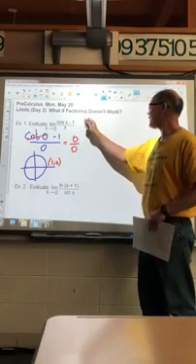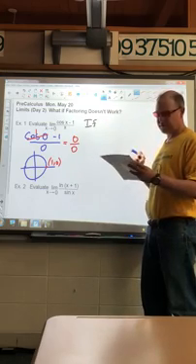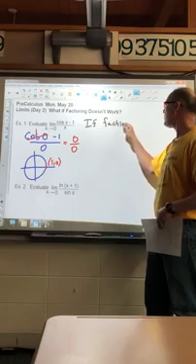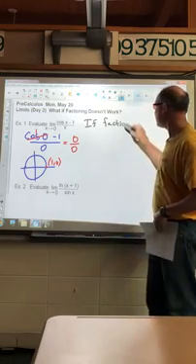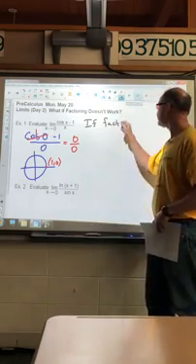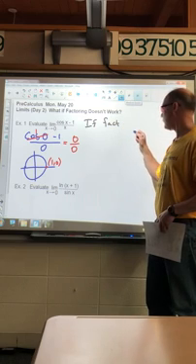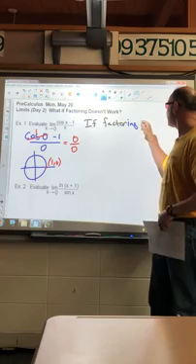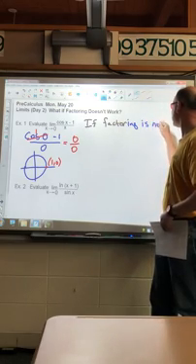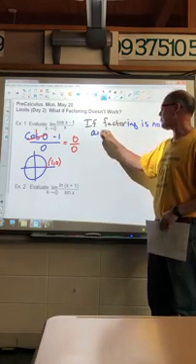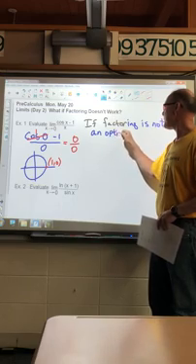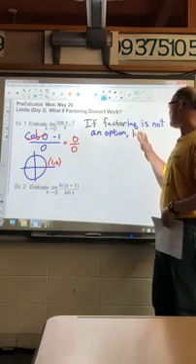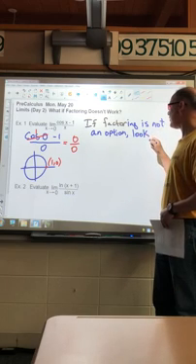So if factoring is not an option, we're going to look at either a table or a graph on our calculators.